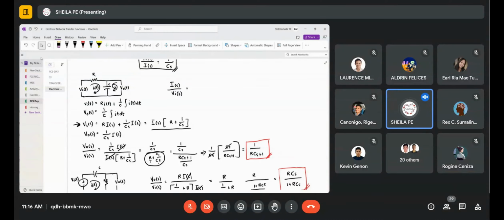Okay, you divide with the VI of S here. Okay, cancel here. So basically what remains.